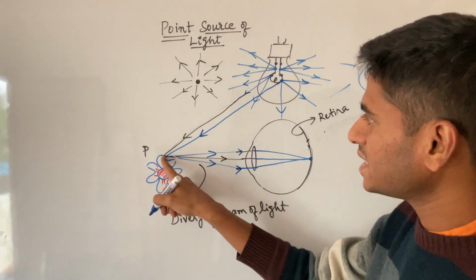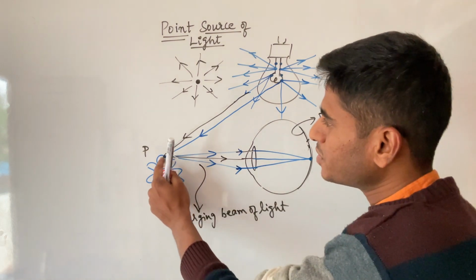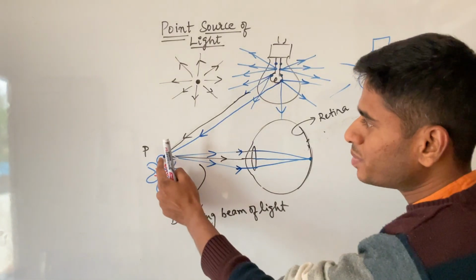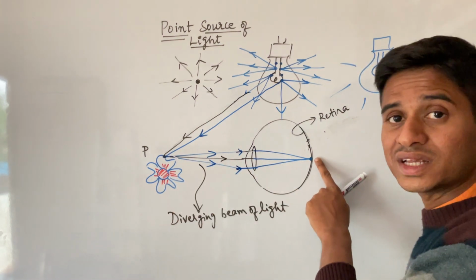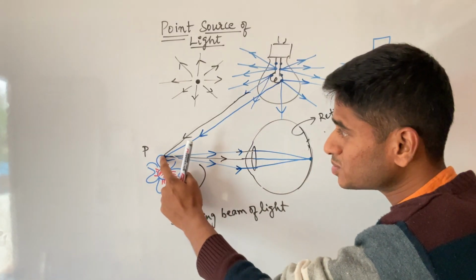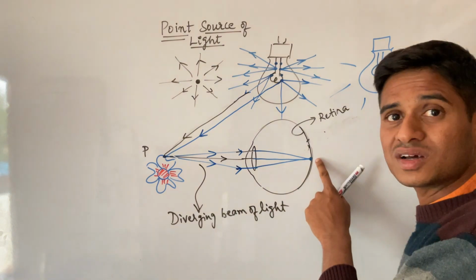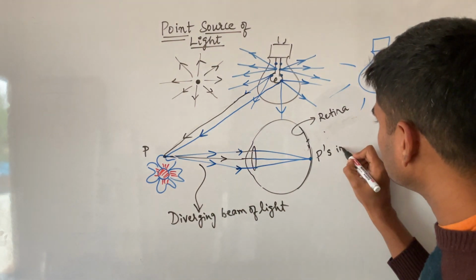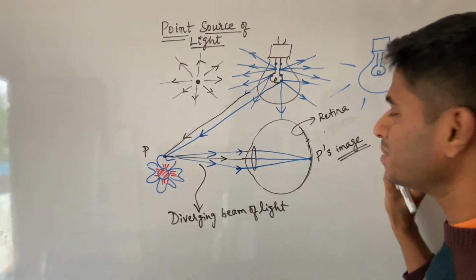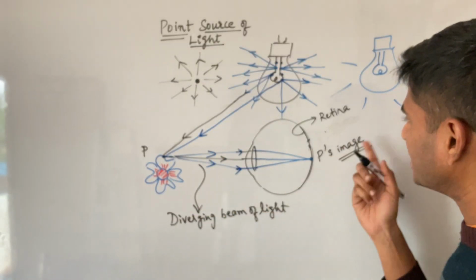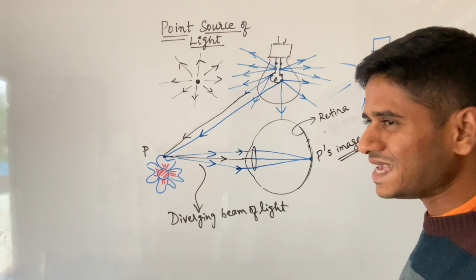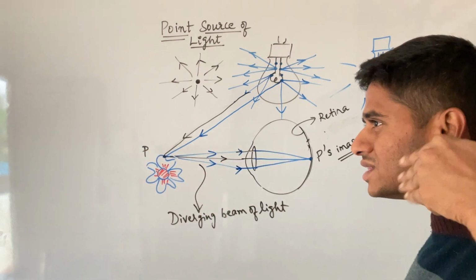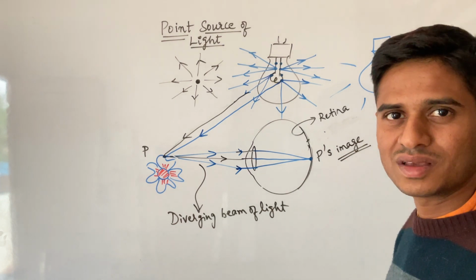So if I say this point P is the object, what is happening is the impression of this point is formed on the retina. This is P's image, the point P's image. So the impression of that particular point is created on the retina of our eye.